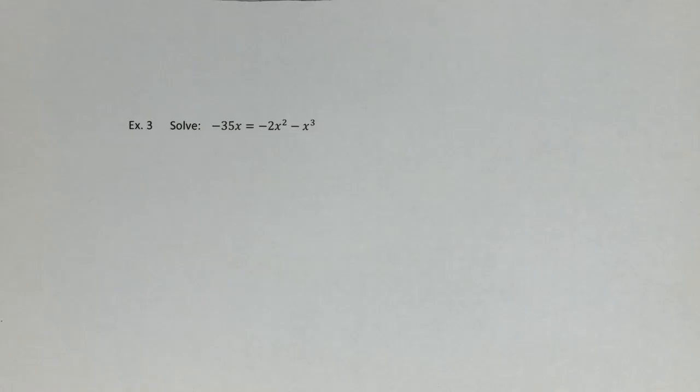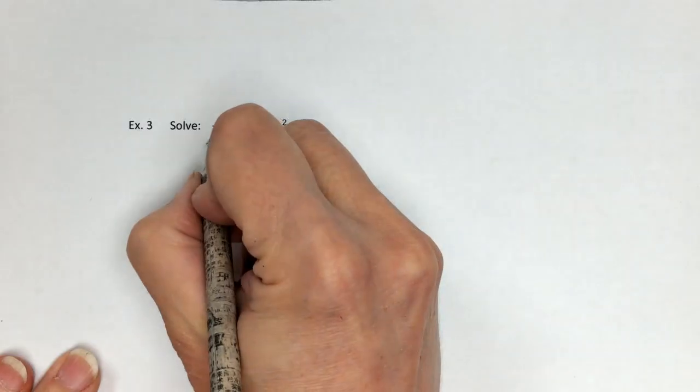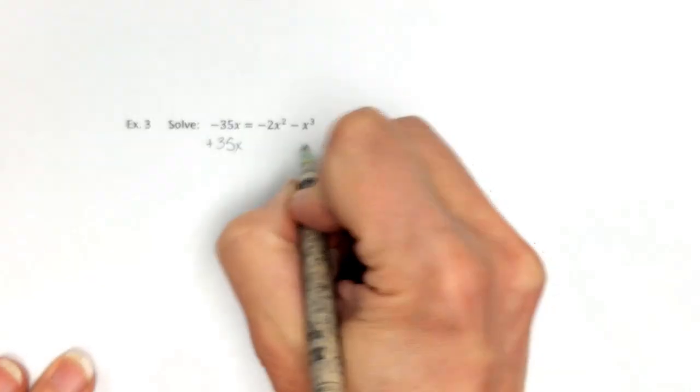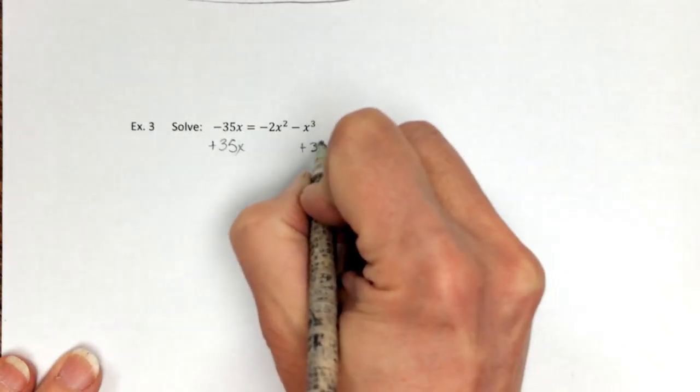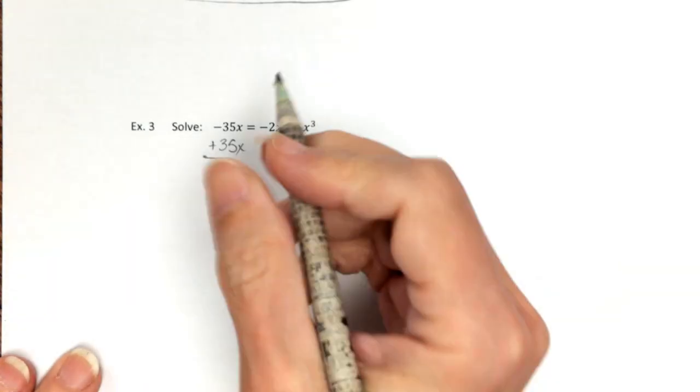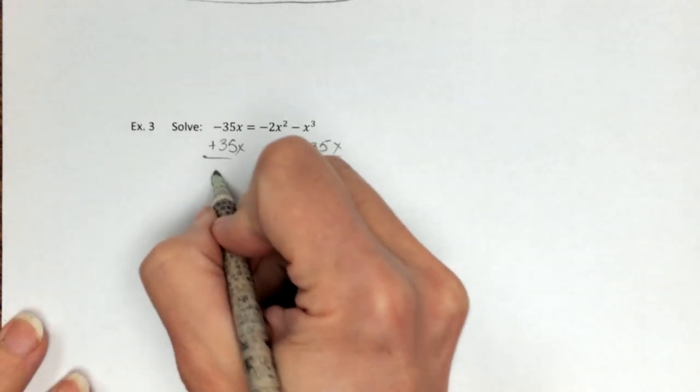Anyway, this one. We want to get everything on one side, and I guess it's less to move if I just add 35x to both sides. You could do it either way. Okay, so that means I have 0 over here.